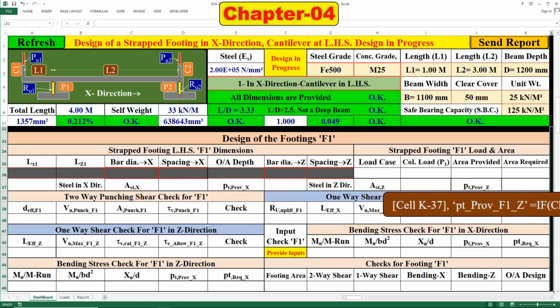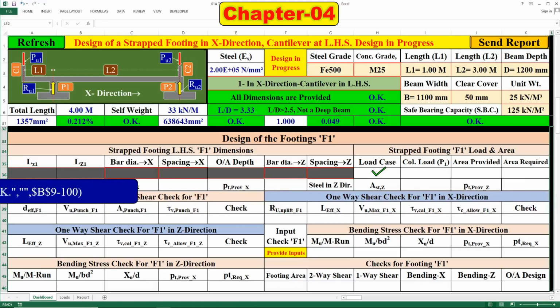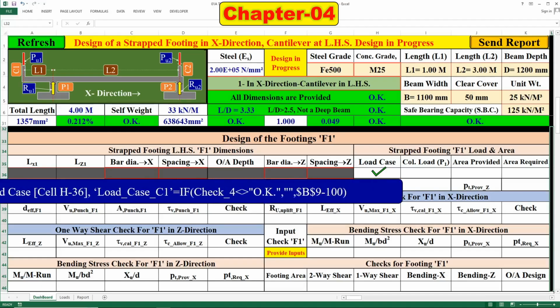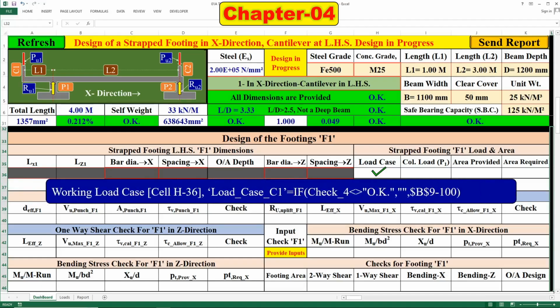Now, we are seeing the formula for the working load case for footing F1 in cell H36. The defined name of the cell is load_case_C1. First, Excel will check check_4. If it is not OK, the cell will remain blank.